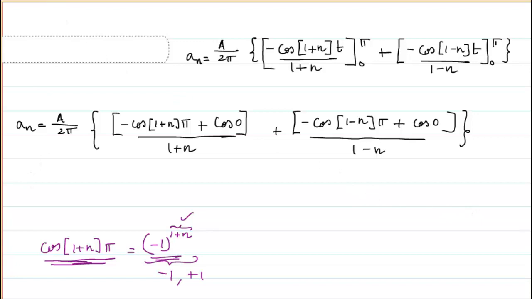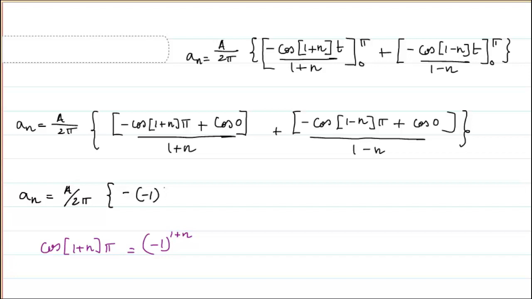So I will write, let me rub this one also. So I will write a_n is equal to a divided by 2 pi, and then minus of cos can be written as minus of (minus 1) to the power 1 plus n, then cos 0 is again 1, so plus 1, divided by 1 plus n.